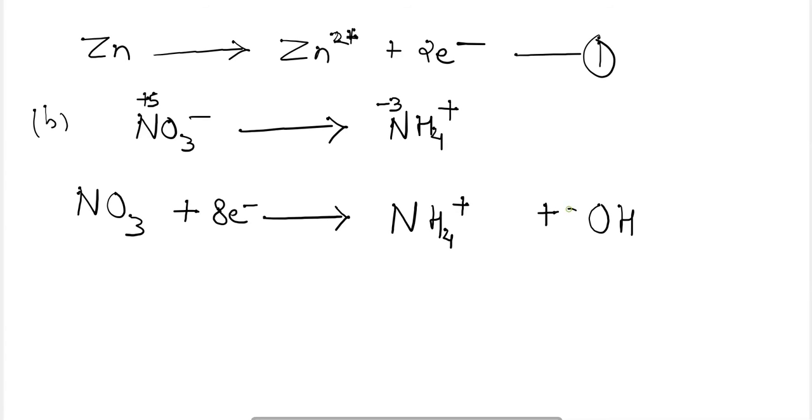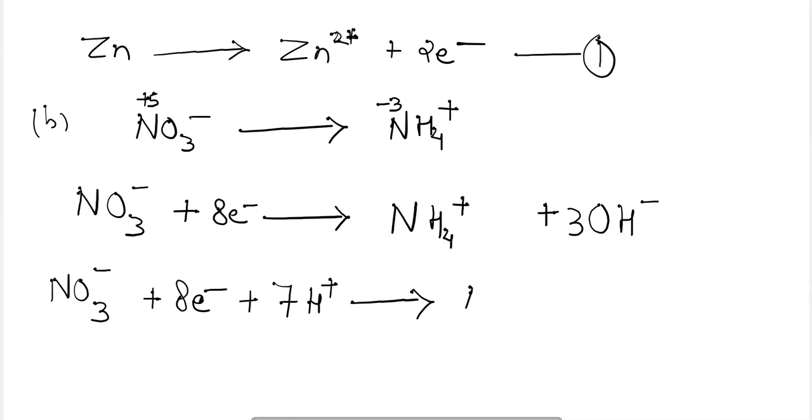So here we will add 3 OH minus. Now after adding 3 OH minus here, we will see that hydrogen is now unbalanced on the reactant side. So for balancing the hydrogen now, we will add 7 H plus ions in the reactant side.